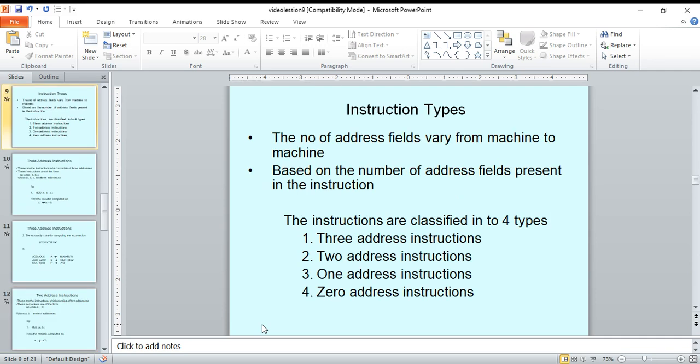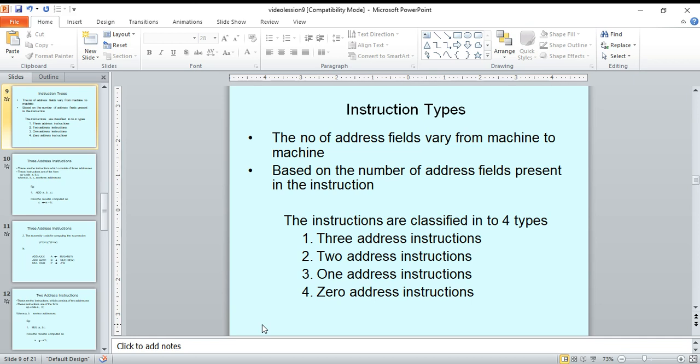The next one is instruction types. Here the number of address fields varies from machine to machine. I told you already, one machine can use the three address instruction format, some machines can use the two address format, and some machines can use the one address format.